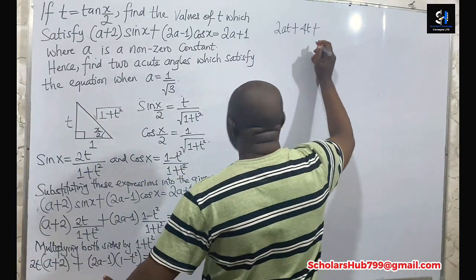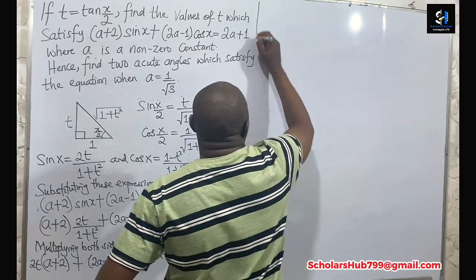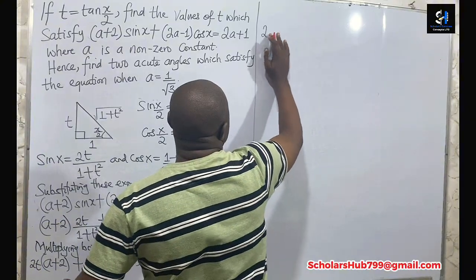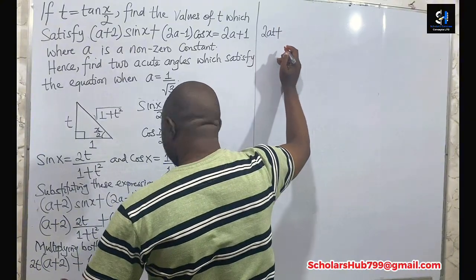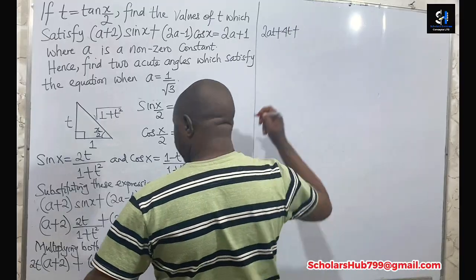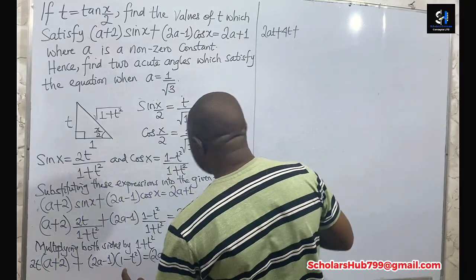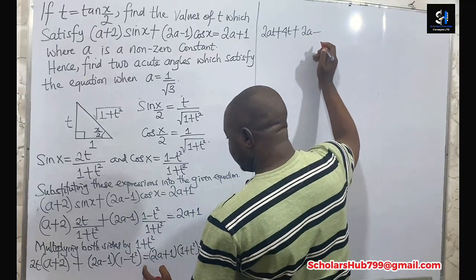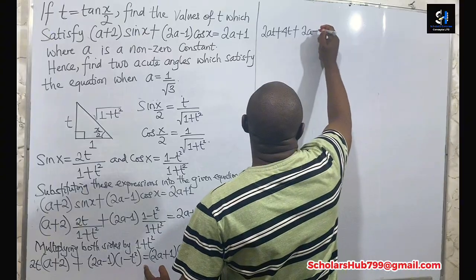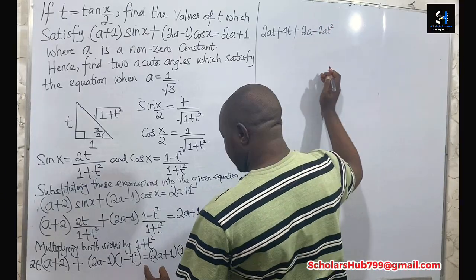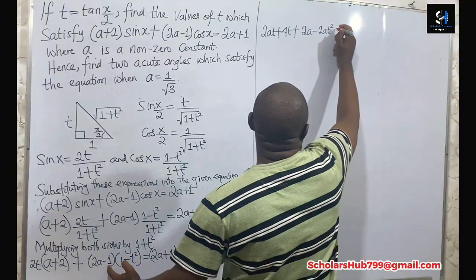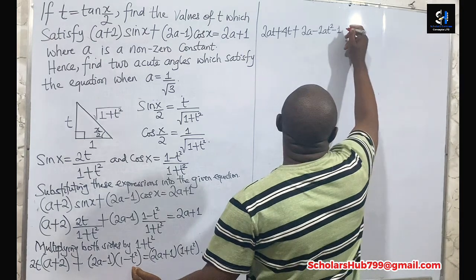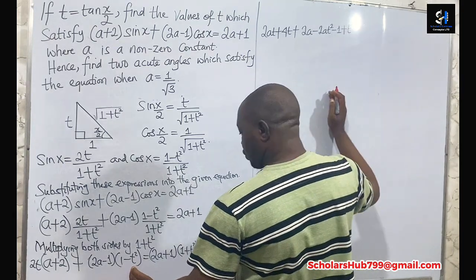Then for the second, we have 2a times 1, and 2a multiplied by negative t squared, which is minus 2at squared. Negative 1 times 1 is negative 1, and negative 1 multiplied by negative t squared is positive t squared.